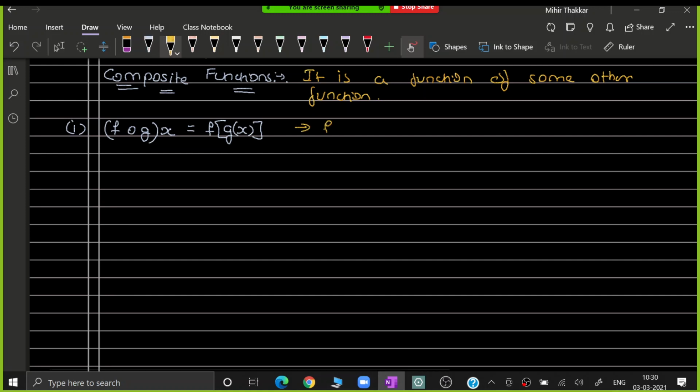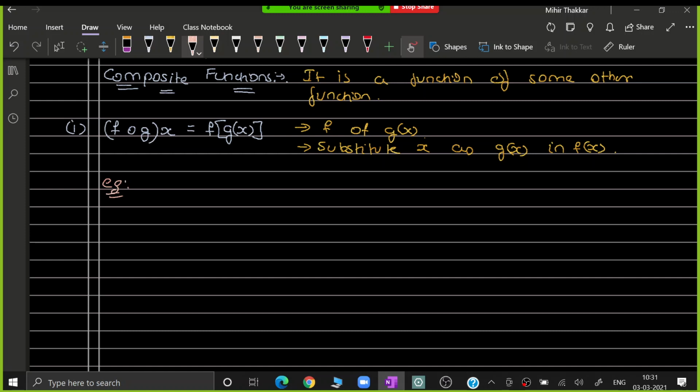It is read as f of gx, and in order to find the value of f of gx, we say that substitute x as gx in fx. Now, obviously, I'll give you an example so that you get a clear idea of what exactly this means.